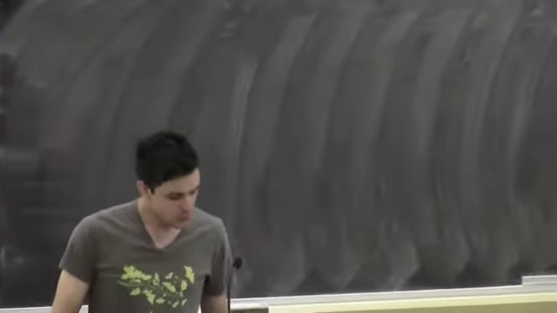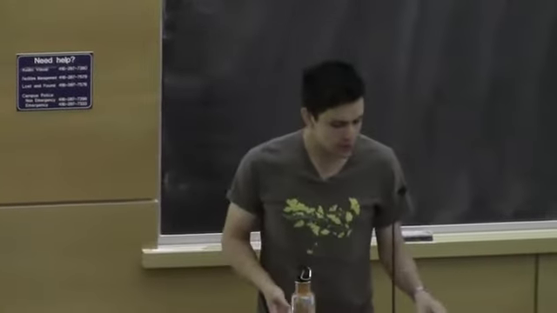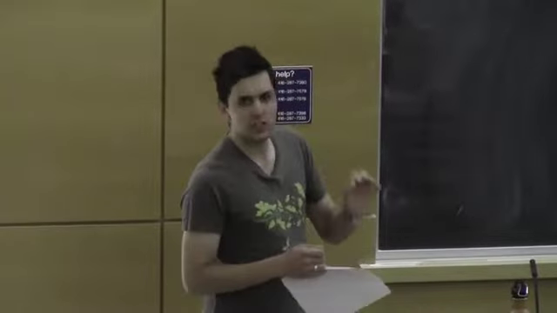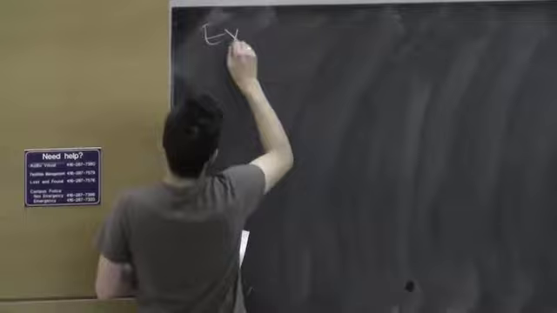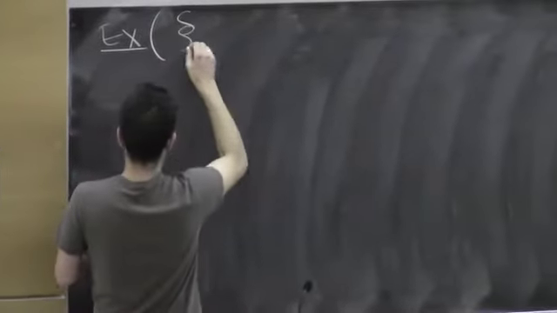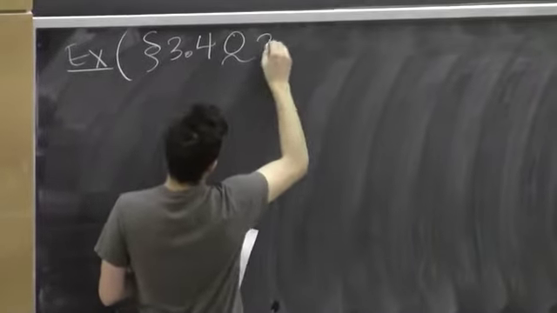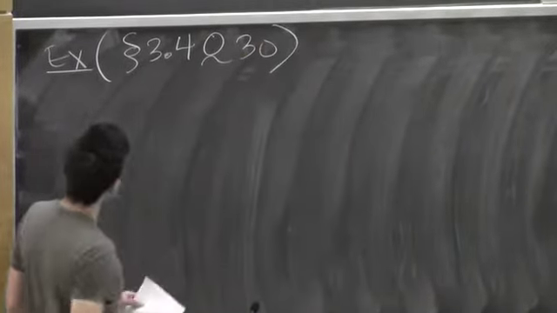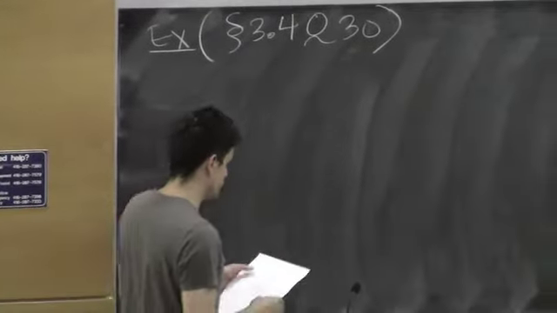Okay, so now I want to do an example which says something about the geometry of Lagrange multipliers that suggests something geometrically useful that we can get. So this is question 30 from section 3.4.